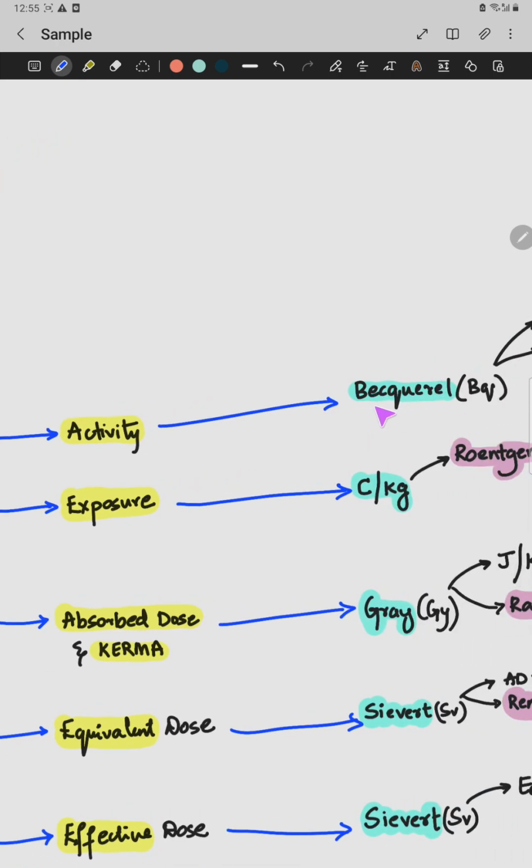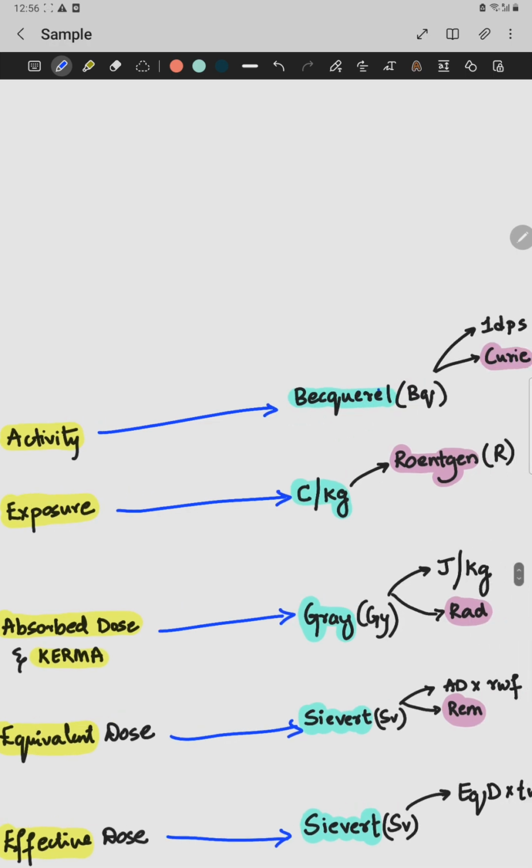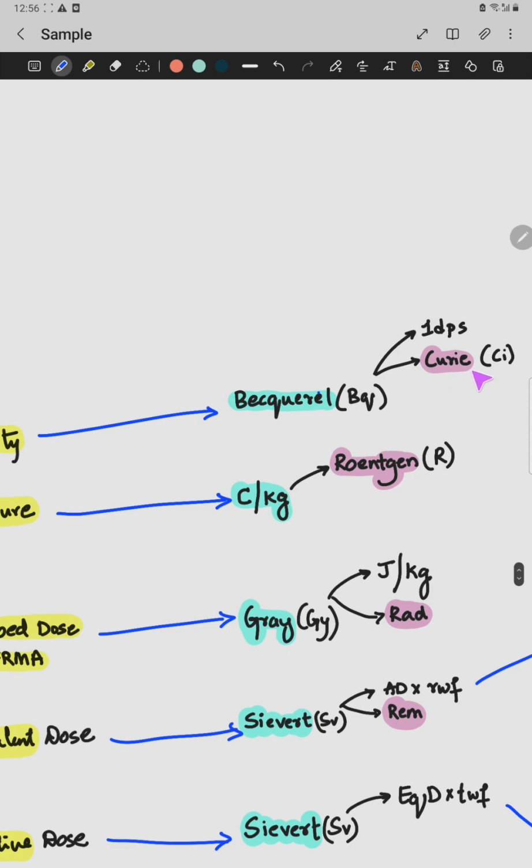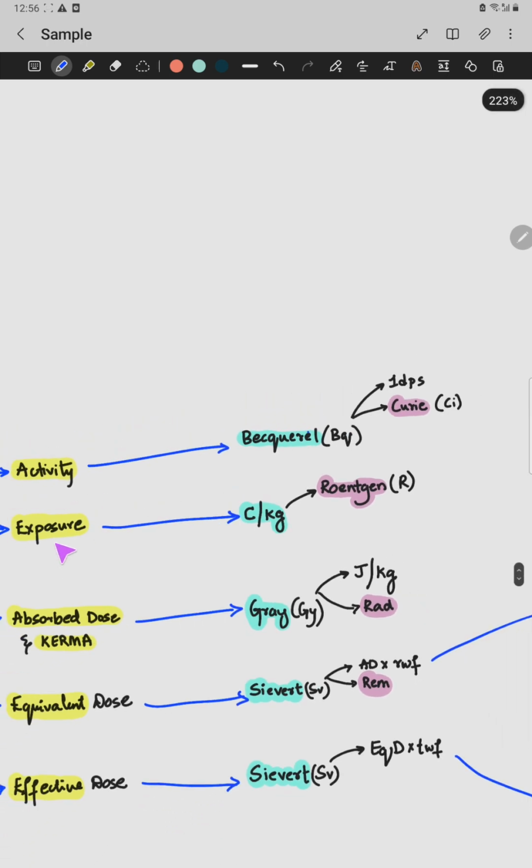Becquerel is the SI unit which we currently use. Previously we used Curie, and we know becquerel is 1 disintegration per second. Exposure, the unit is coulomb per kg, because we are measuring the ion pairs per unit mass. The previous unit for exposure was Roentgen.